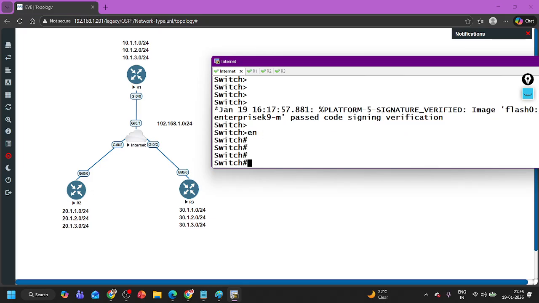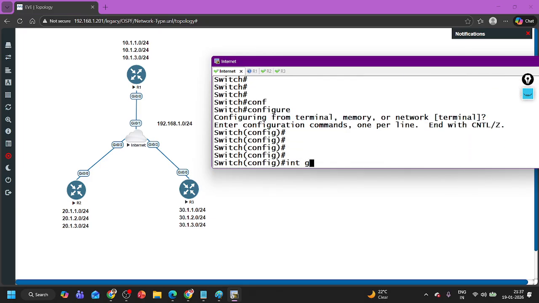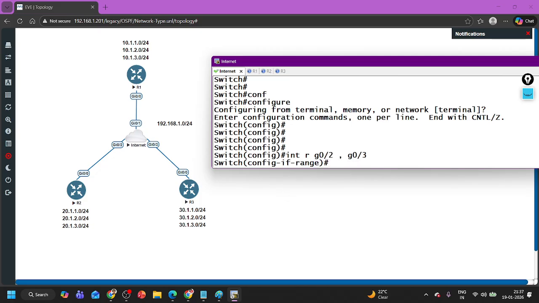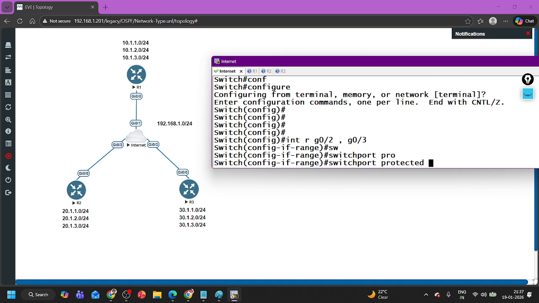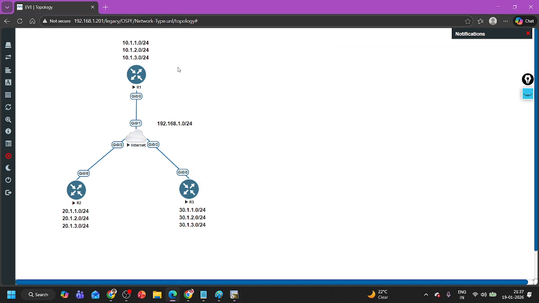See, this is my switch. config t, interface range G0/2 and G0/3, switchport protected. Now in this case, these 2 ports are not connected, right?